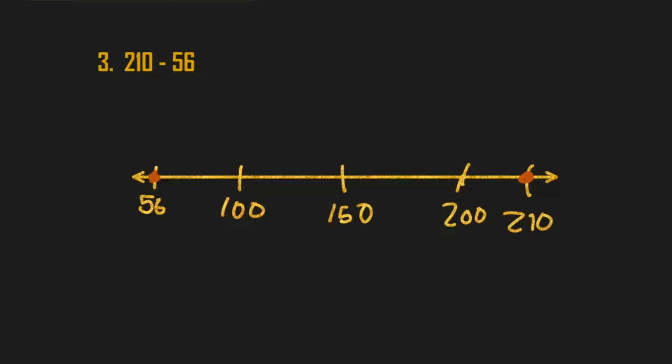So we need to count how much it took for us to get from here to there. From 56 to 100 is plus 44. From 100 to 150 was plus 50. From 150 to 200 was plus 50 again. And finally, from 200 to 210 was plus 10.